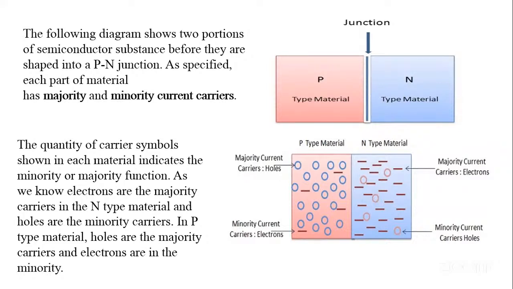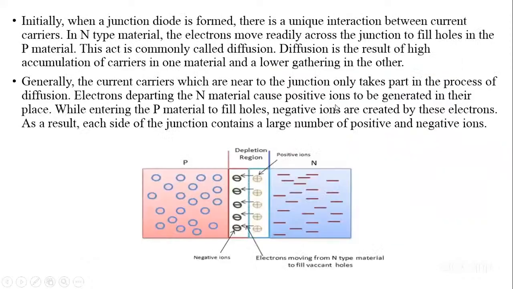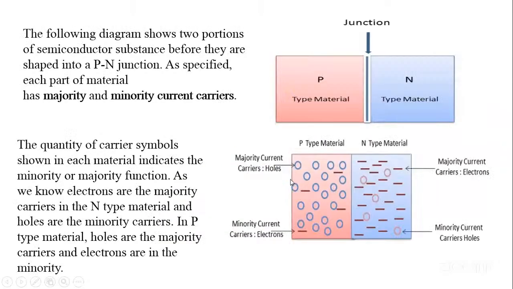At a point, more electrons from the N-type are not allowed to cross the depletion region, that is the junction, to fill empty holes. So here we see holes, P-type, majority of holes, N-type, majority of electrons.